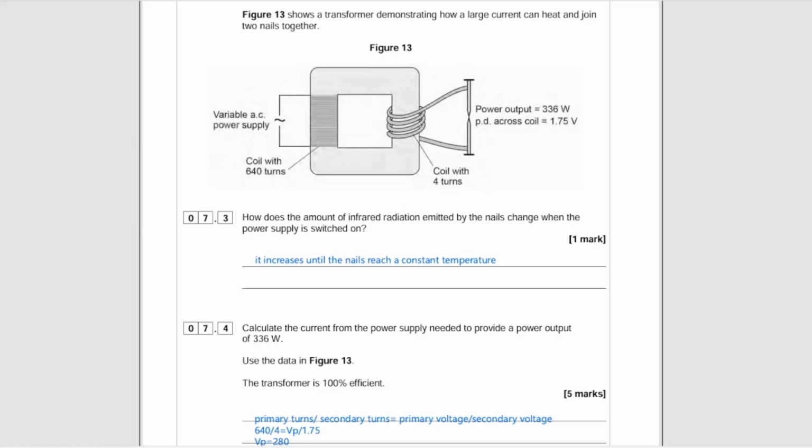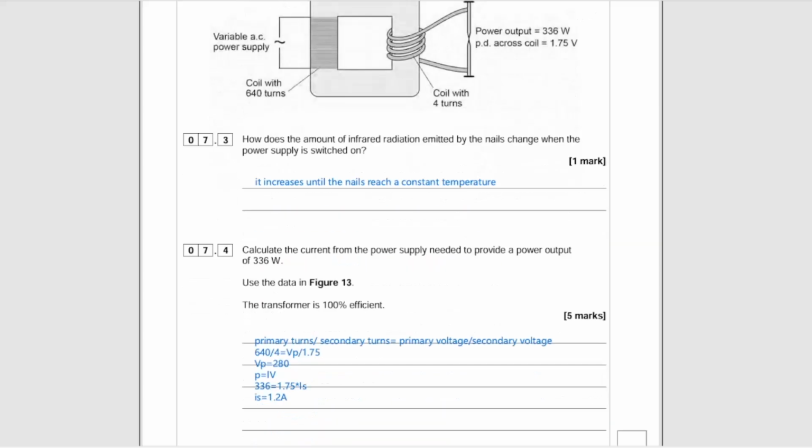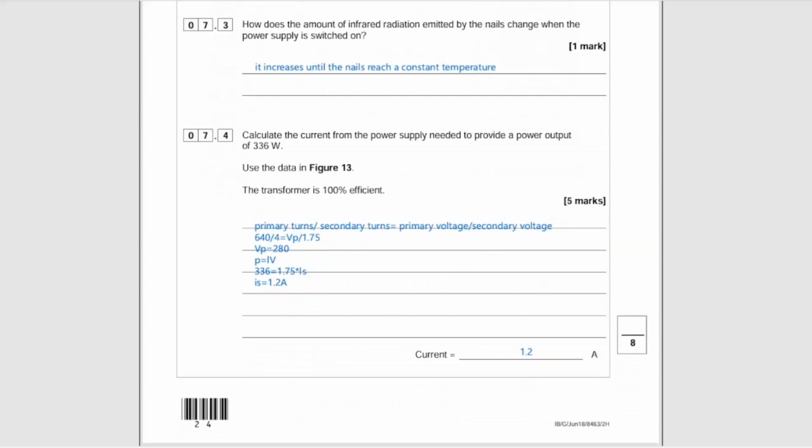And then 7.4 is actually a rather hard question. We're asked to calculate the current from the power supply used to provide a power output of 336 watts. Now what we need here is to get all the related formulas down. I'd write all the formulas out first, and then start plugging stuff in and see where you can go with it. So the first formula is that primary turns divided by secondary turns equals primary voltage divided by secondary voltage.